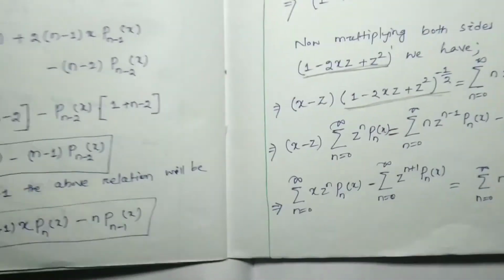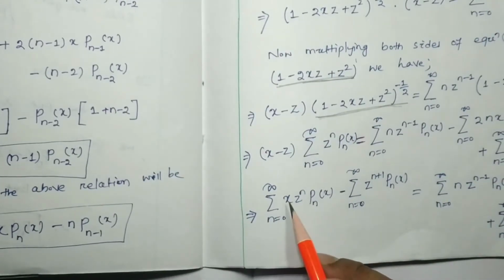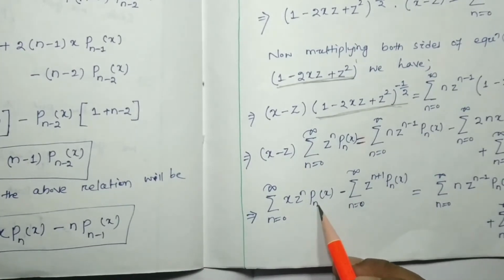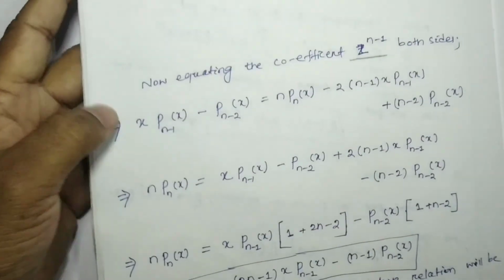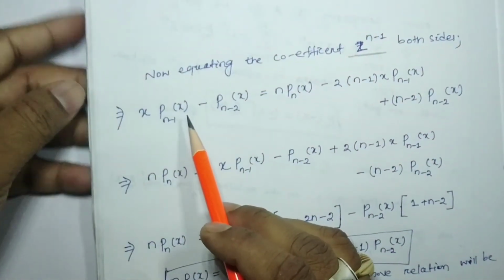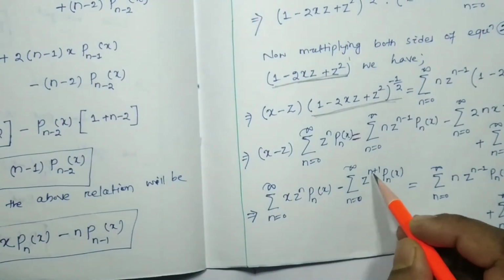For this term it will be x into P n minus 1 into x, sorry, n minus 1. We are considering z to the n minus 1, so this n will be n minus 1. So I have written x into P n minus 1 of x. Next term, the left-hand side: it is z to the power n plus 1.